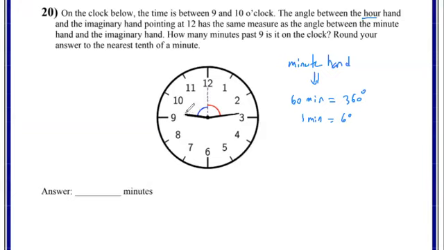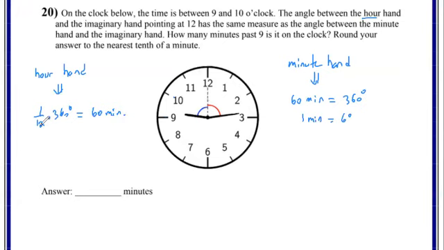And the same thing with the hour hand. If you move the hour hand from 9 to 10, which is basically 1/12 of the full 360 degrees, then 1/12 of 360 degrees will be moved in 60 minutes for the hour hand.